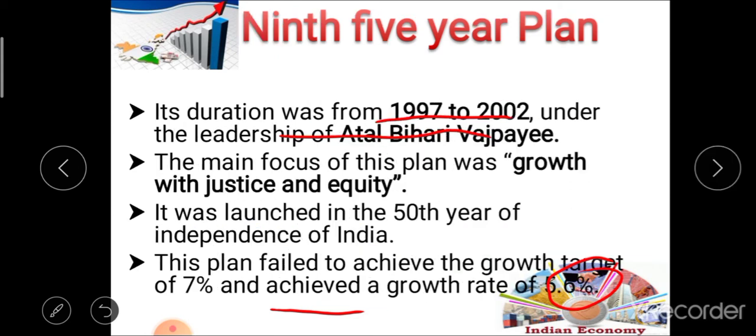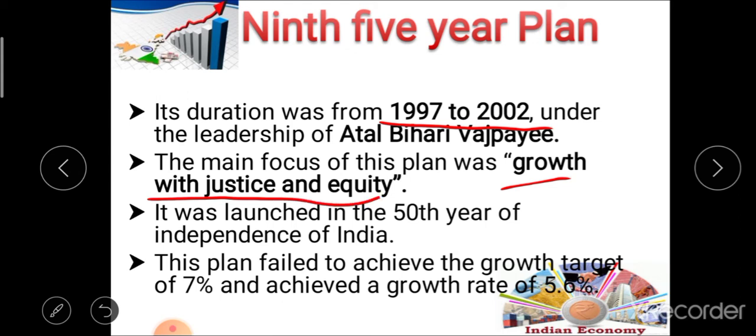After the eighth 5-year plan, the next one is the ninth 5-year plan. The duration of the ninth 5-year plan was 1997 to 2002 under the leadership of Atal Bihari Vajpayee. The main focus of this plan was growth with justice and equity.